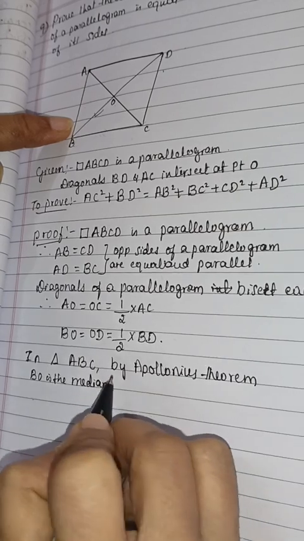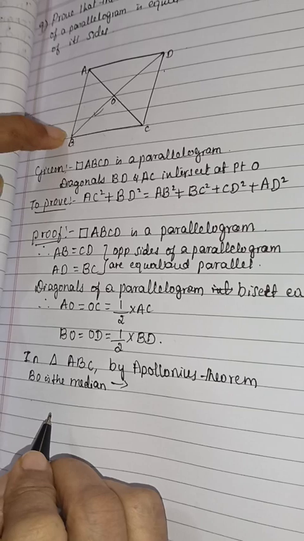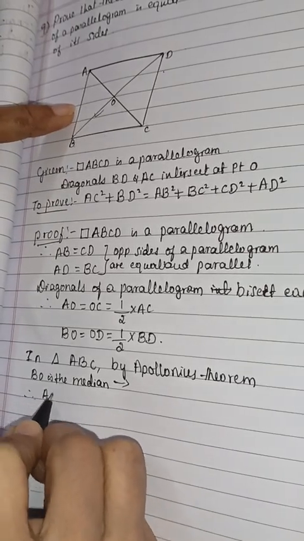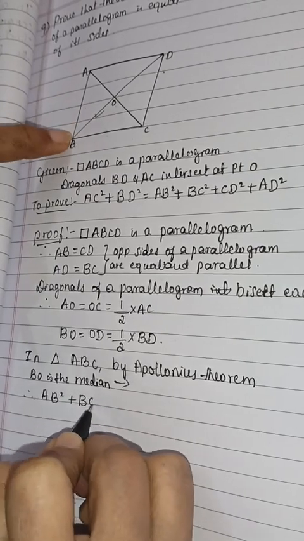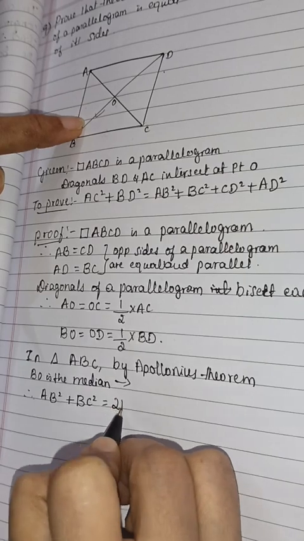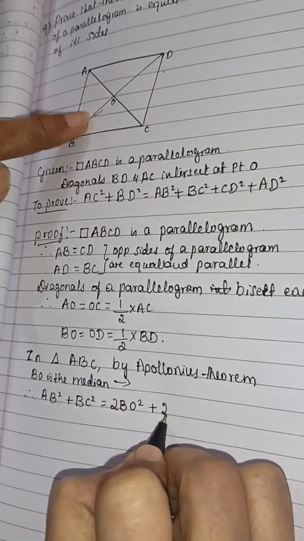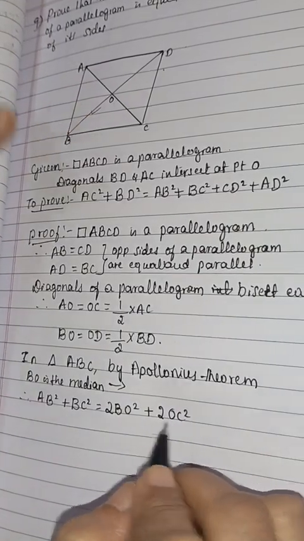You have to write here: then by Apollonius theorem, BO is the median, therefore AB square plus BC square equals 2 into median BO square plus 2OC square.